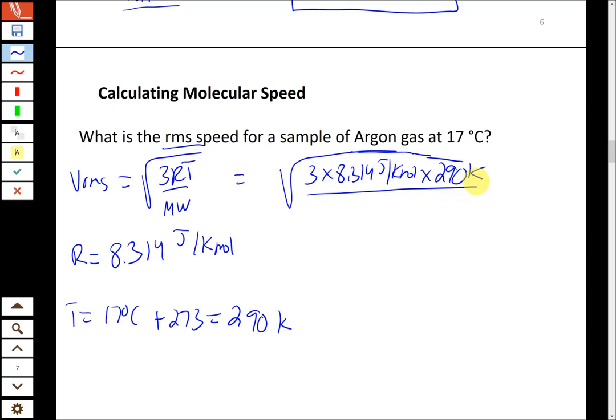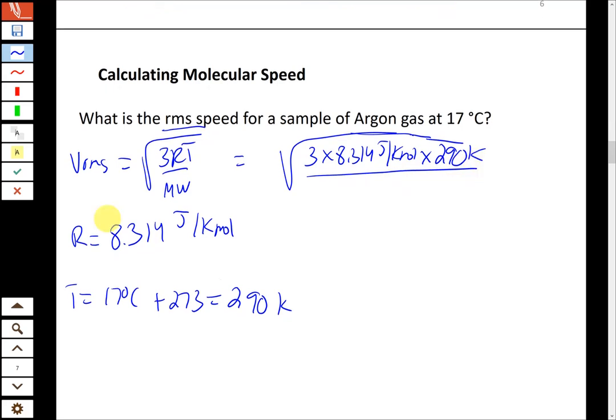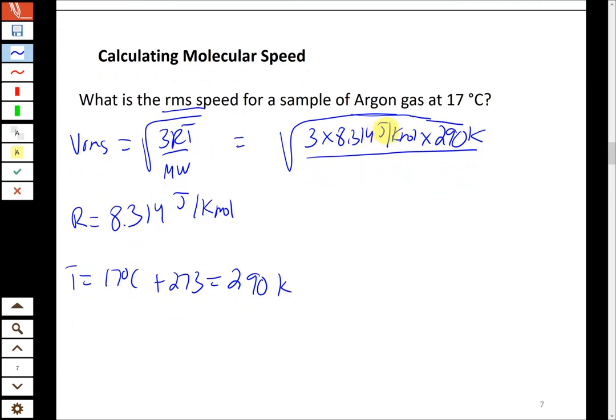Now, the other weird thing about this equation, again, we're not going to actually use it in homework questions, so don't forget about it. But the other weird thing is that joules is a compound unit, which I believe is kilogram meters squared per second squared, or something like that. But anyway, you have to have your masses in kilograms for this to work also. So what we need is the molar mass of the gas in kilograms per mole to be able to put it into this equation.